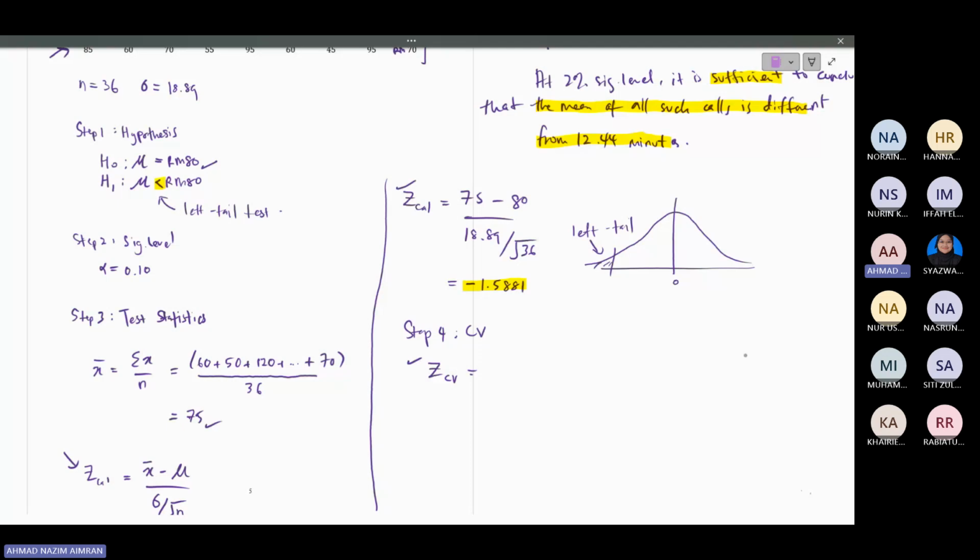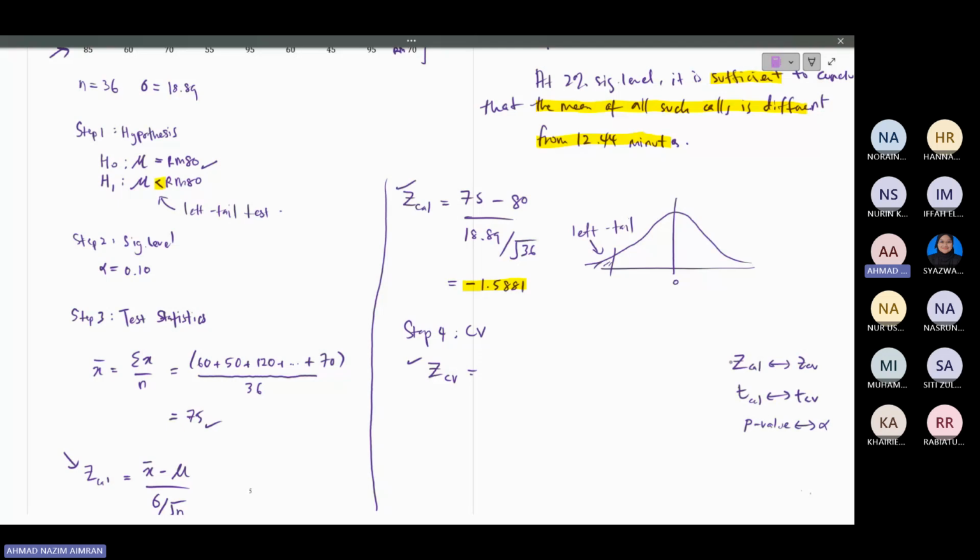I will write it down here: Z calculated compared with Z critical value, T calculated compared with the T critical value, and P value, later we will discuss how to read the P value, you need to compare with alpha.